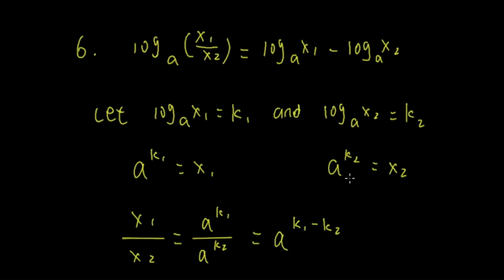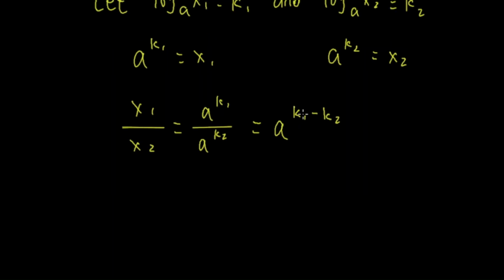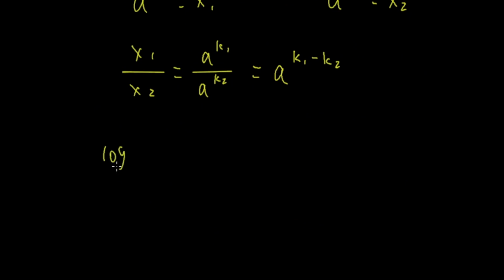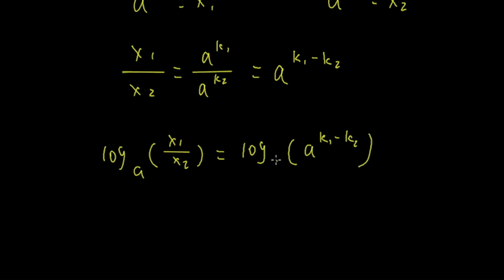Okay, now we replace x sub 1 over x sub 2 with a to the power of k sub 1 minus k sub 2 into here, right? So log x sub 1 over x sub 2 to the base a is equal to log a to the power of k sub 1 minus k sub 2 to the base a.